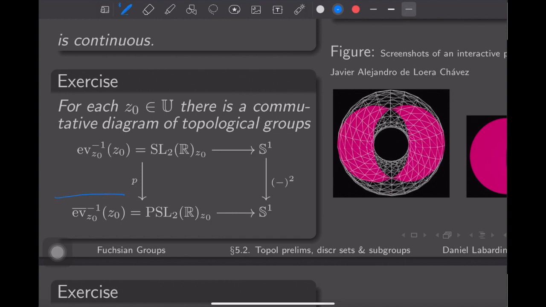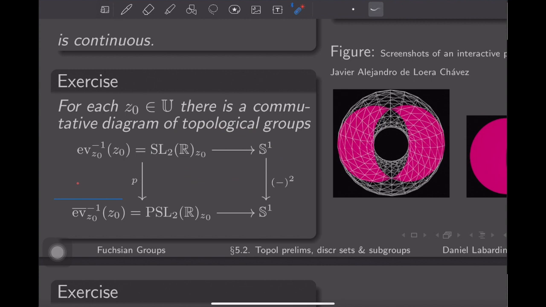So this is the real axis, and then I have my point Z naught, and when I consider the Mobius transformations in PSL2R that fix Z naught, so they have this as fixed point, they have to be elliptic, so they are parameterized by the angle of rotation. Right? And then here one can easily see that this is really a circle. But here it's also a circle.